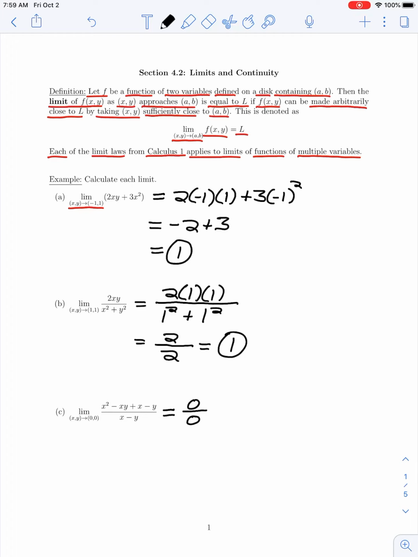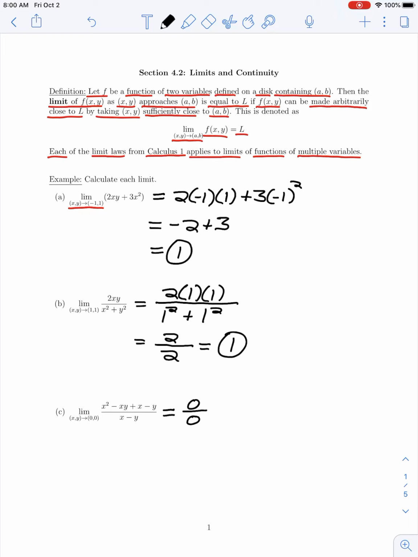However, L'Hopital's rule is a result only for single variable functions. L'Hopital's rule says we would look at the limit of the quotient of the derivatives of the numerator and denominator. But now that our numerator and denominator are multivariable functions, what do we mean by a derivative of a multivariable function?